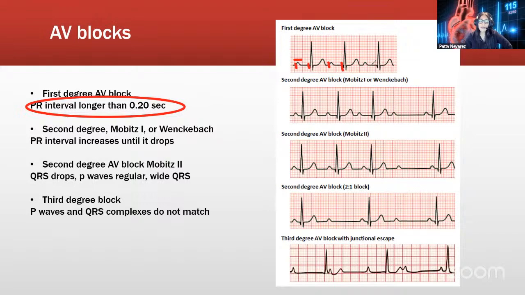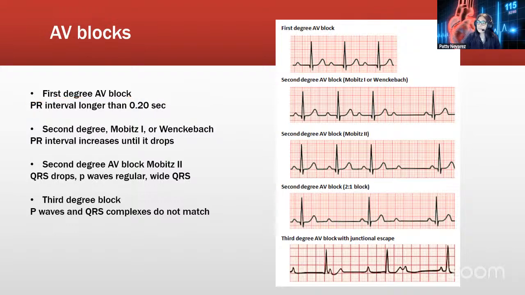But the point here is the PR interval is going to be prolonged, because in normal conduction it needs to be less than 0.20 seconds. So just the fact that it's rhythmic and the PR interval is longer than 0.2 is going to be identified as a first degree block.